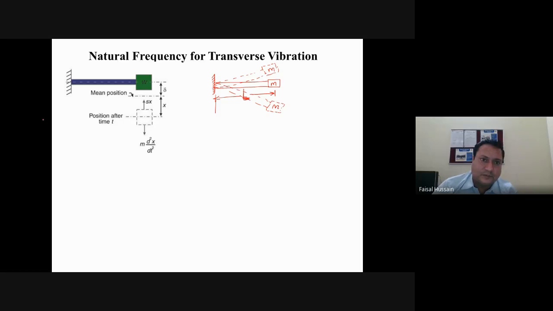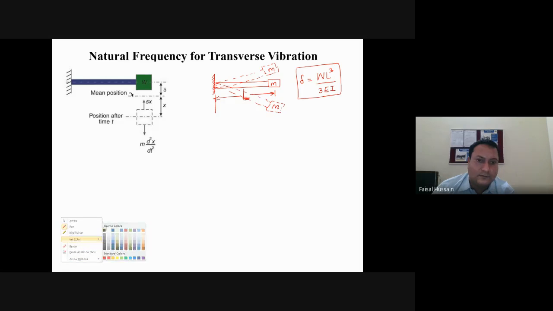Now tell me, what is deflection? In mechanics of materials, in deflection of beams, for a beam fixed at one end and free at the other end, with a point load, what is the equation for deflection? W L cube upon 3 EI. This is the basic expression for deflection. Now, what is stiffness?